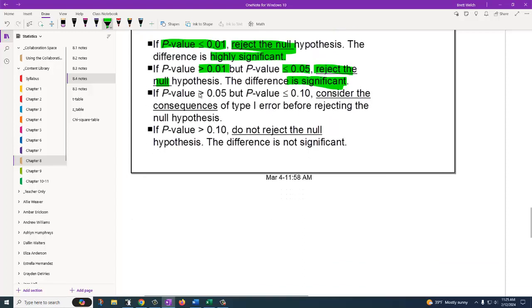However, when the p-value lands between 5% and 10%, right, 0.05 and 0.10, we need to think about the consequences. Is this a problem where rejecting the null when I shouldn't reject it, that type 1 error, would lead towards life and death? Would it lead to financial ruin? What are the consequences?